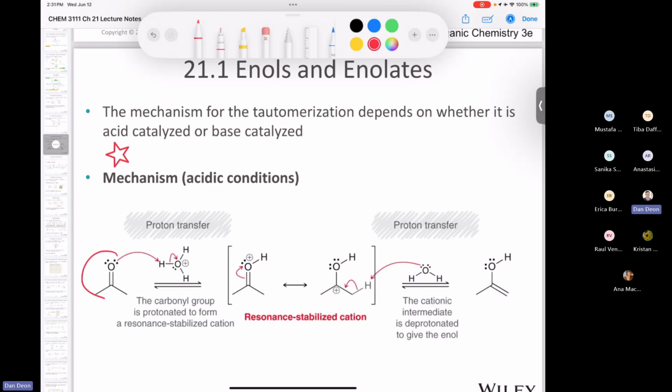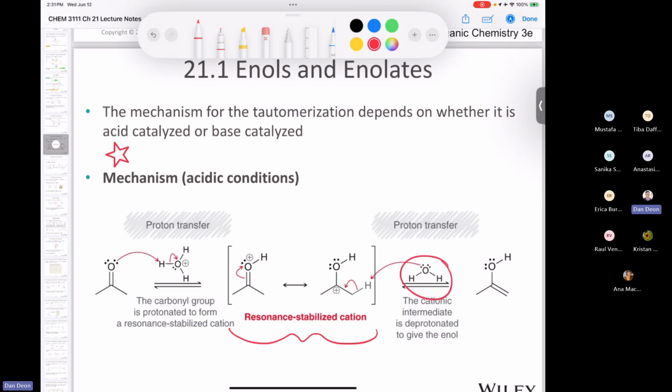So how do we have this equilibrium between the ketone and the enol form? What's the mechanism? Well, the first step is the proton transfer, where you protonate the carbonyl. You guys know that this oxonium is resonance stabilized, so we have these two resonance forms here. And after the hydronium loses its proton in the first step, water is the conjugate base of hydronium.